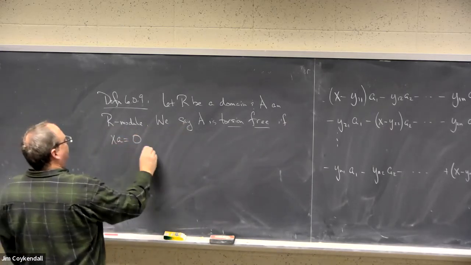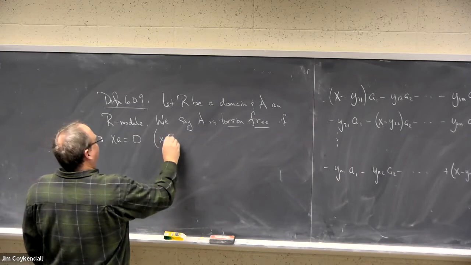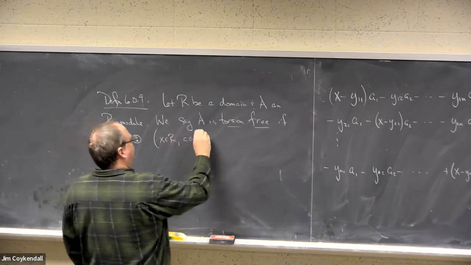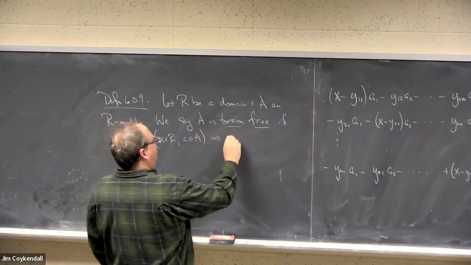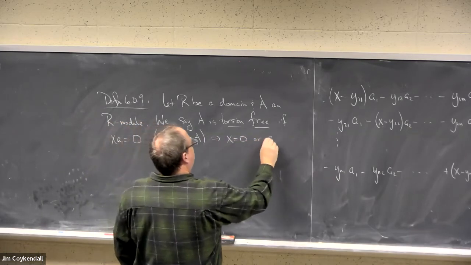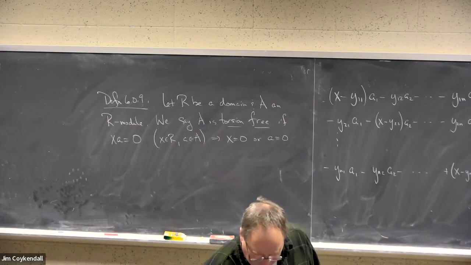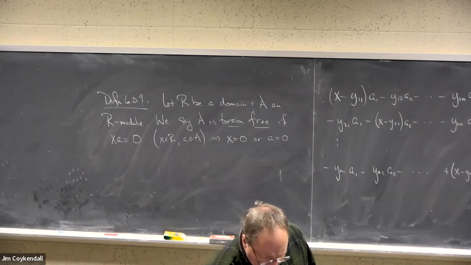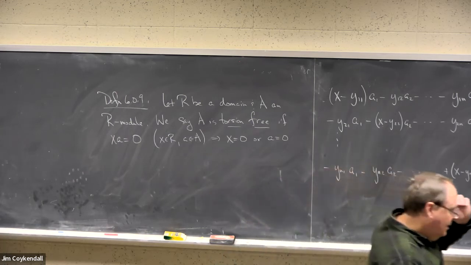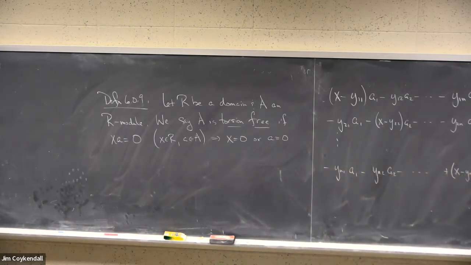If xa = 0, where x is in R and a is in A, implies x = 0 or a = 0. By the way, what it means for the module to be torsion free is that it has no torsion.